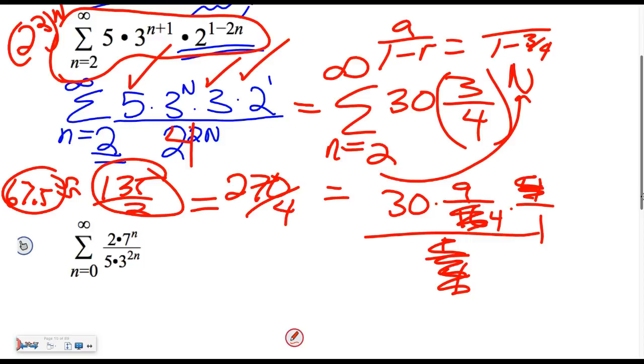A is the start, the very lead number if it were a sequence. So you plug the index in. If I'm going to add these up from 2 to infinity, it will start at 2, and when I plug in a 2, I get 9/16, so it'd be 30 times 9/16. If this said 1, then A becomes 30 times 3/4. If it said 0, then A becomes 30.